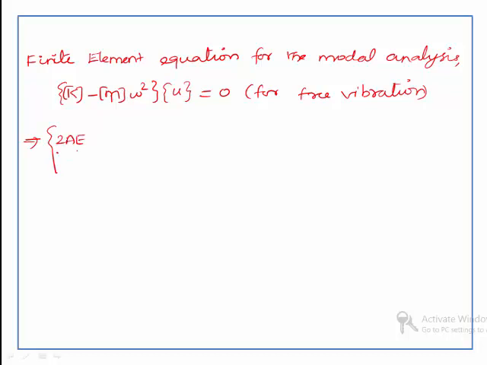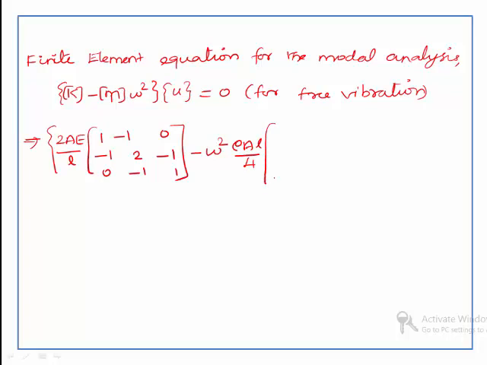So 2AE by L times [1 minus 1 0; minus 1 2 minus 1; 0 minus 1 1], minus omega square times the mass matrix rho A L by 4 times [1 0 0; 0 2 0; 0 0 1].